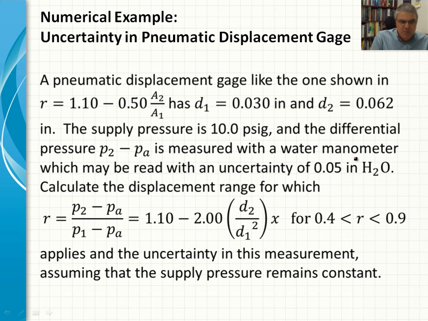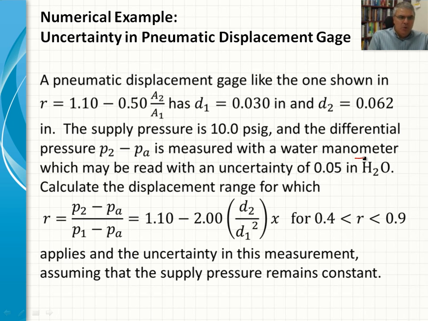This displacement could be associated with multiple parameters, but we are not going to consider all those, perhaps one or two at a time. So in the example that I'm going to discuss with you, there is a pneumatic displacement gauge like the one we've just seen, and R1 is given as 1.10 minus 0.5 A2 divided by A1, and the diameters for points 1 and 2, the orifices, are given.